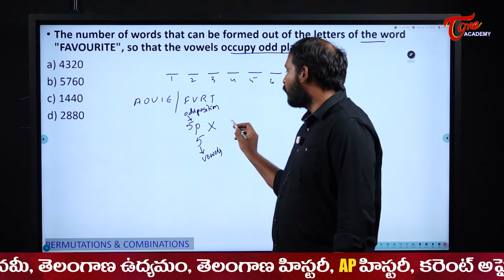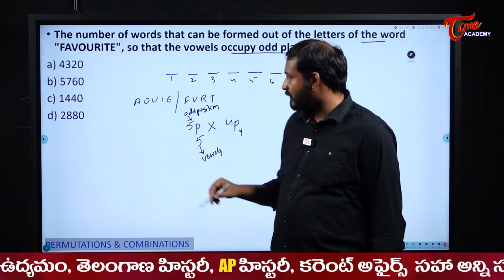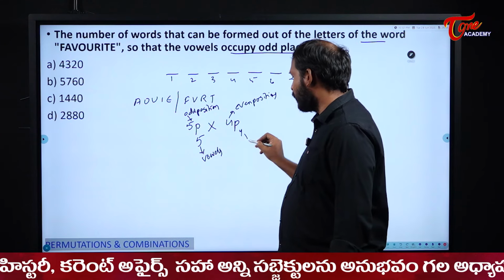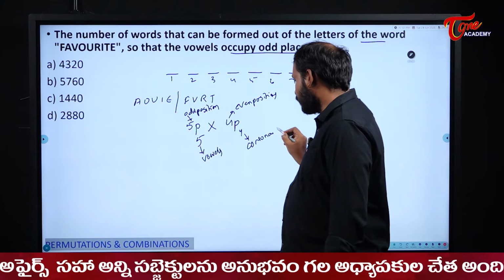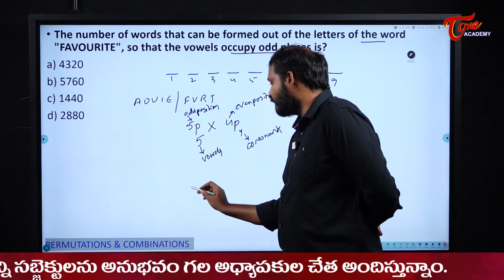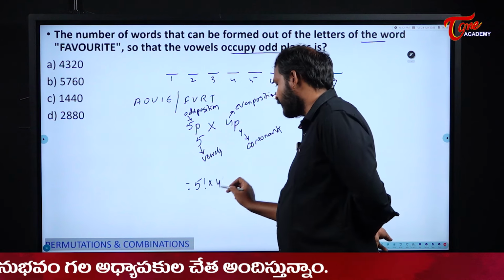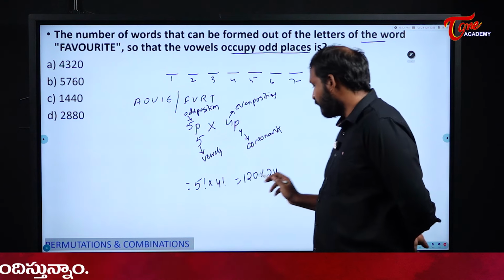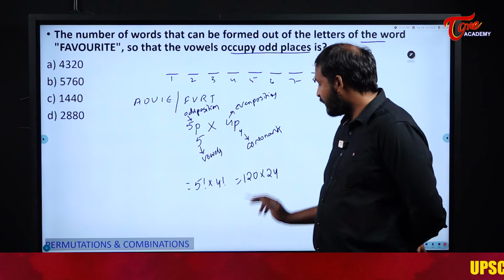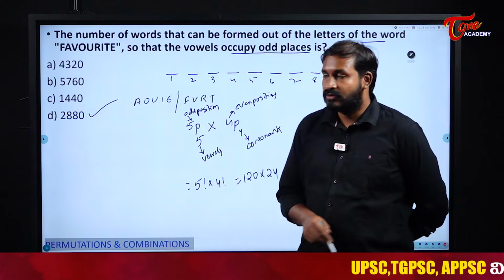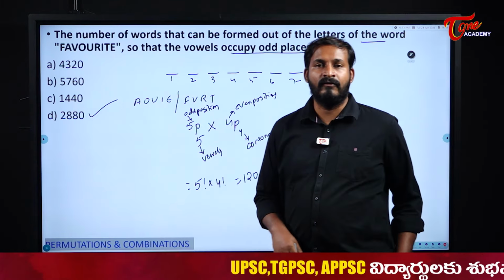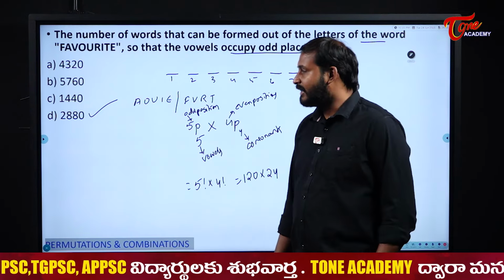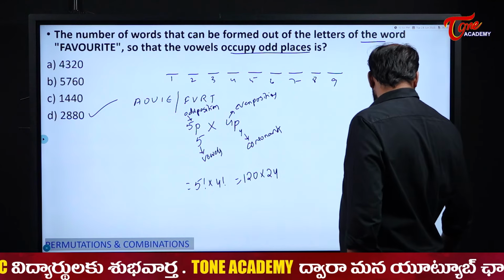So, that is 4P4, or 4 factorial. 5P5 is 5 factorial, which is 120, and 4P4 is 4 factorial, which is 24. 24 times 120 becomes 2880. So, in such a way that vowels occupy only odd positions, there are 2880 ways.